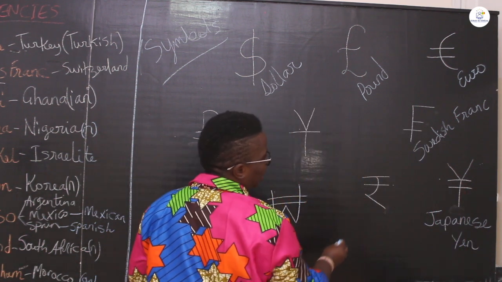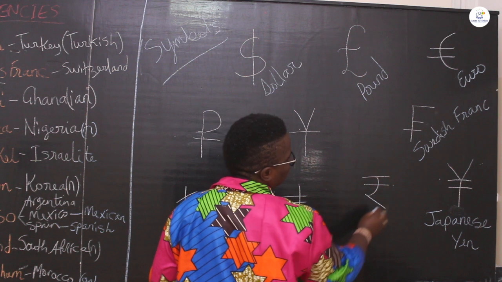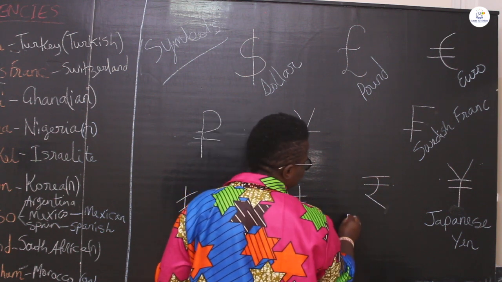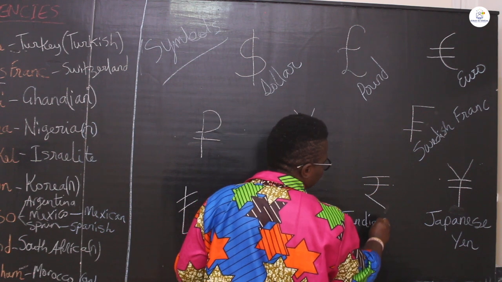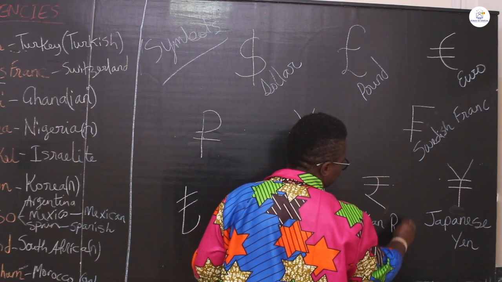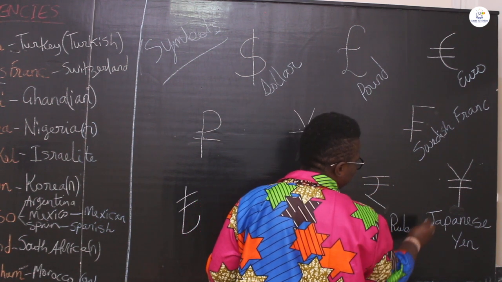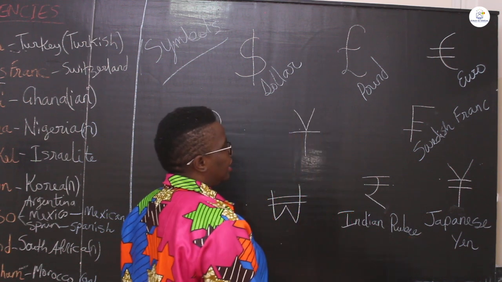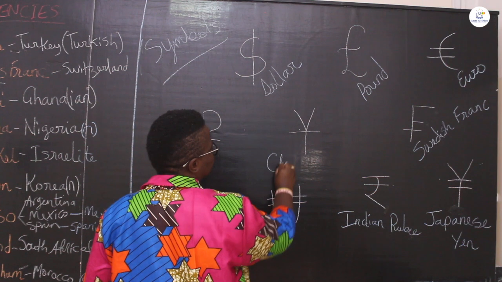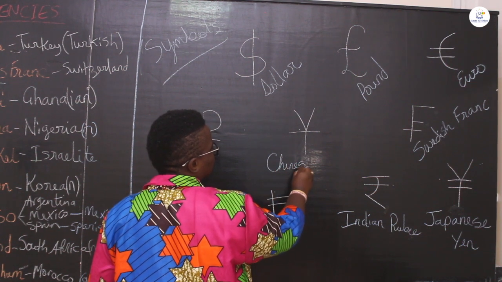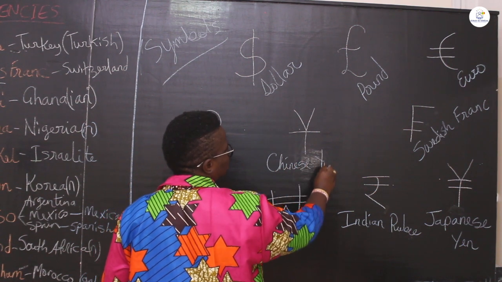Okay, this has a form like an R, so that tells you it's an Indian rupee. The rupee has double E. Okay, and so this will become the Chinese yuan.